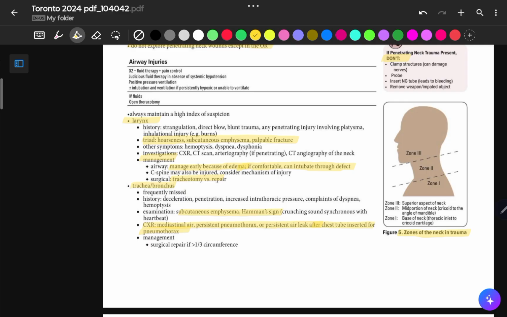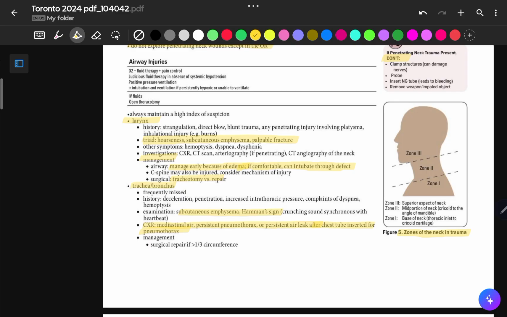So basically you want to suspect any larynx injury from a patient who had a penetrating neck injury. Obviously you want to manage the airway because of the edema, and if comfortable, you can intubate through the defect.